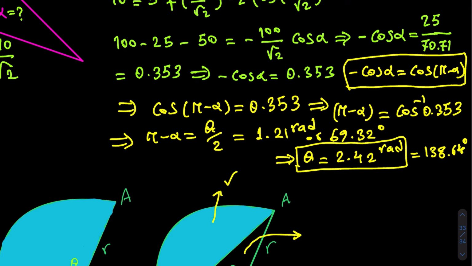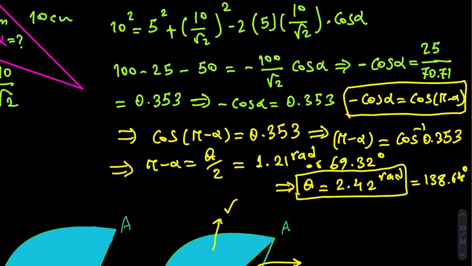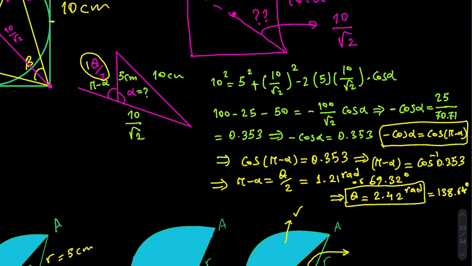Okay, this is in degrees and this here is in radians. So this is how we calculate the theta here using the law of cosine, and then we have found theta. We have found this angle already. Done.